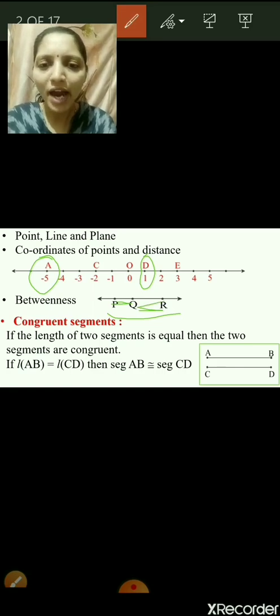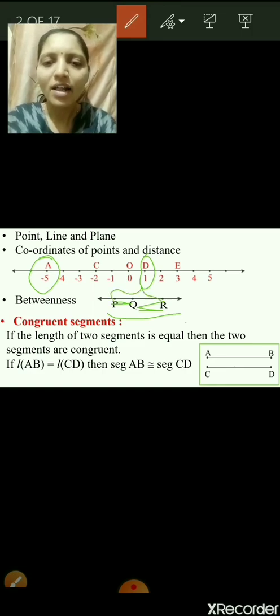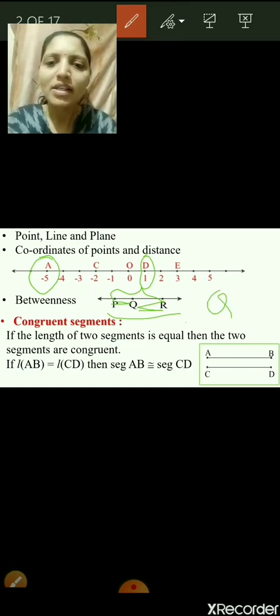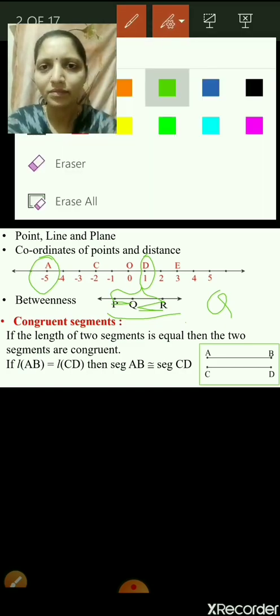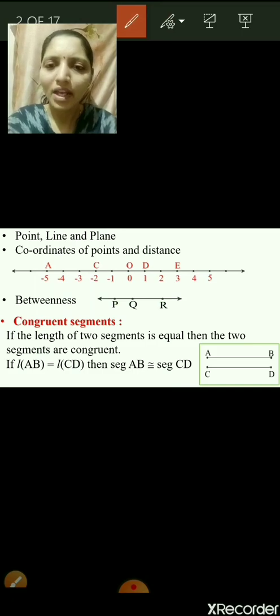You have to add these two distances, and if this sum is equal to the distance between P and R, then you can say that point Q is between point P and R. That relationship is called betweenness.